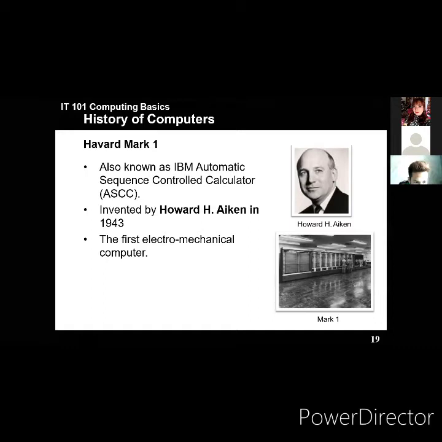So, from then, nag-start na yung word na debug. Dahil every time na makakakita sila ng error, they call it debug, no? Debug it. Kasi baka meron na naman daw dead moth or insect sa loob ng computers. So until now, we use that debug to take out errors in computers.